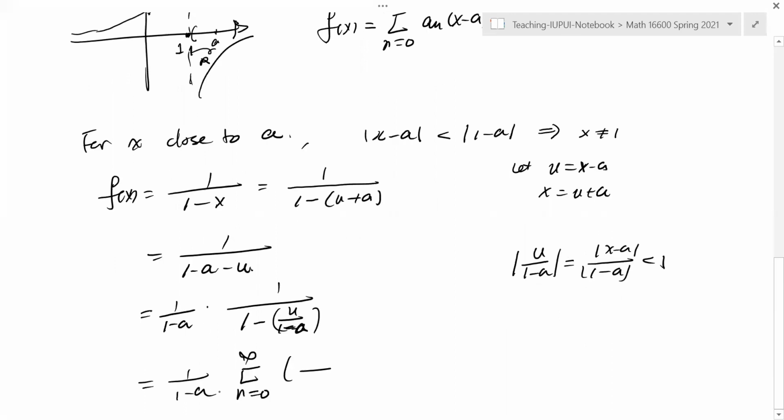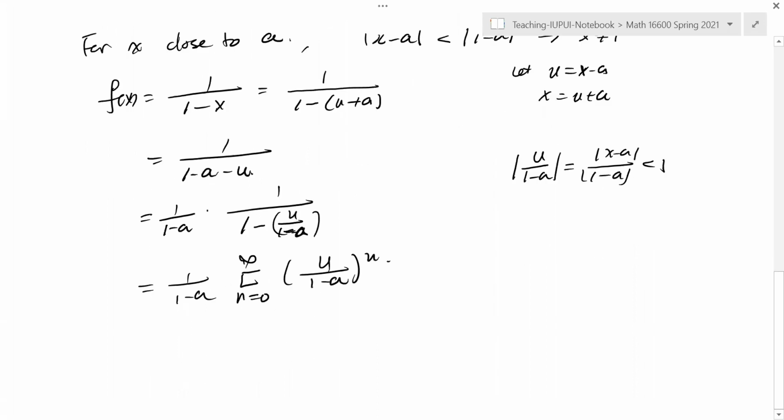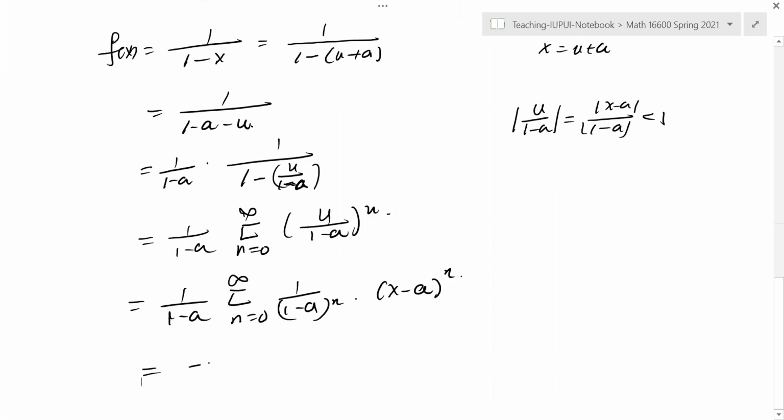this series. So now I expand it. I take this constant out, 1 minus a to the nth power, and the u, right? u is x minus a. I can also move this constant inside.